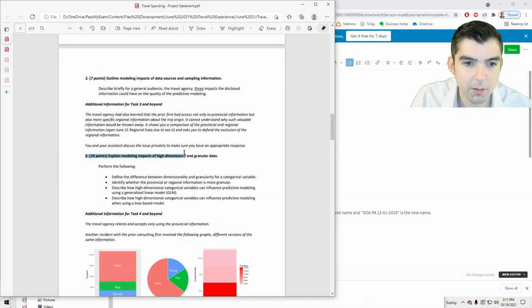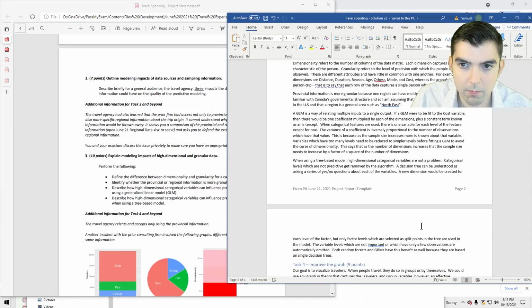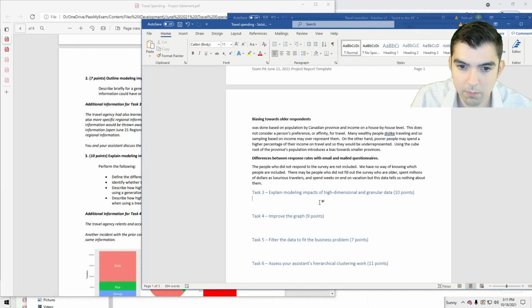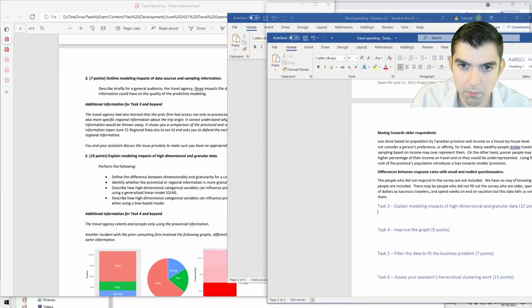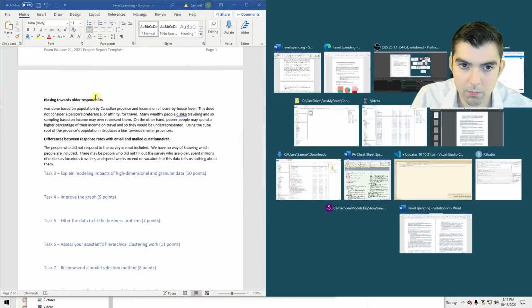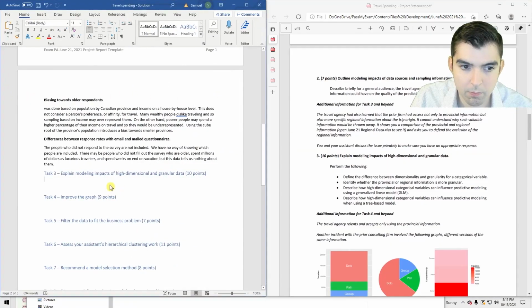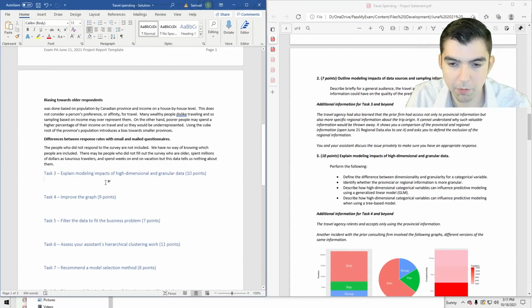Task 3. Explain modeling impacts of high dimensional and granular data. So perform the following.